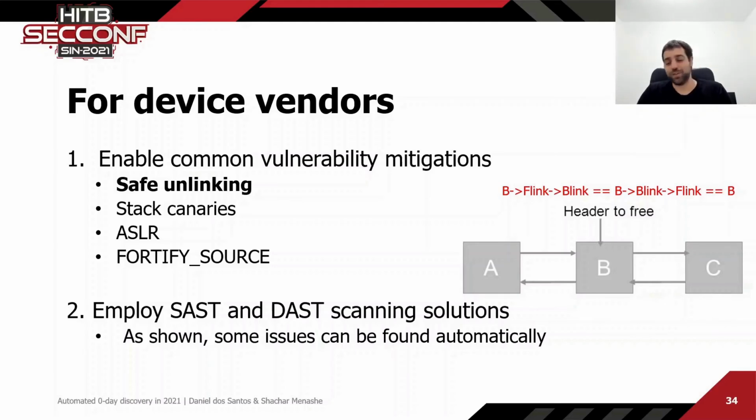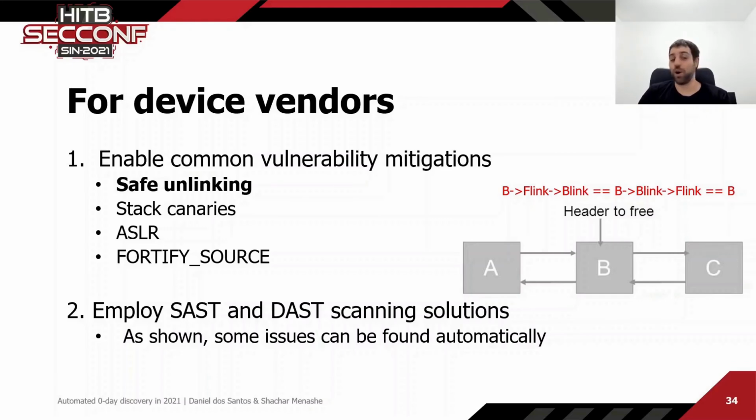For example, what would definitely solve it, at least for our exploitation method, because we exploited the unlink mechanism, is safe unlinking. This is a very well-known mitigation method: when you go to unlink a heap node in the doubly linked list, before you unlink it, you check that the backward and forward links are proper.